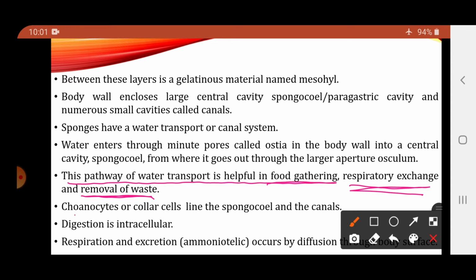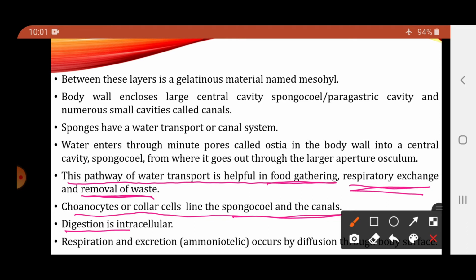Now, choanocytes or collar cells line the spongocoel and canals. I told you internally there is a large cavity called the spongocoel and there are numerous small canals, right? Now this spongocoel and canals are surrounded by cells called choanocytes or collar cells, right?